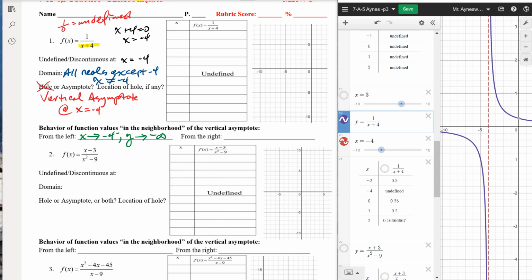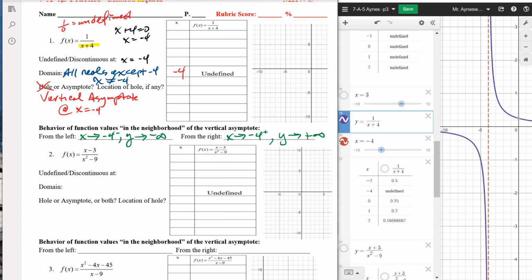And so we say y approaches -infinity. They decrease without bound. On the right side, as you approach -4 from the right, the function values go up without bound. So that means that as x approaches -4 from the right, y approaches positive infinity, which means they increase without bound. Okay, so the function is undefined at -4.